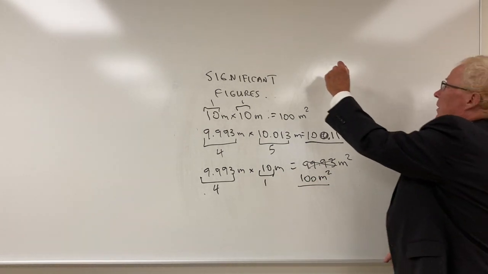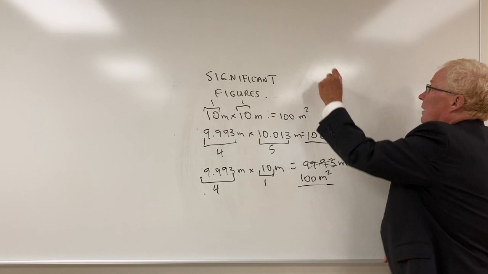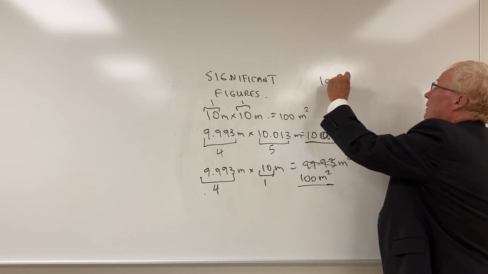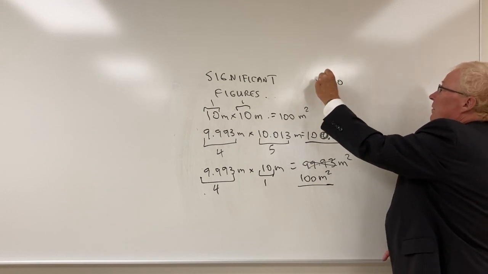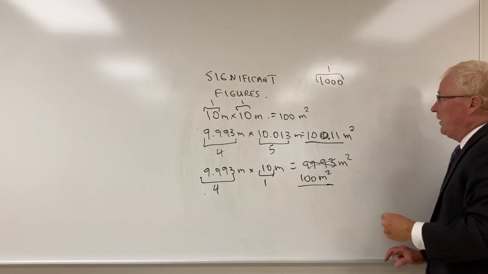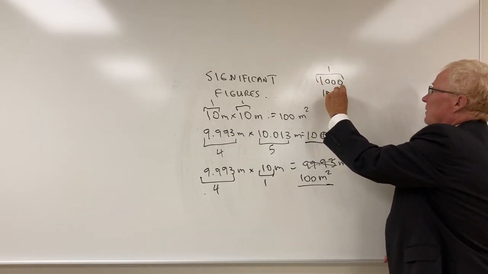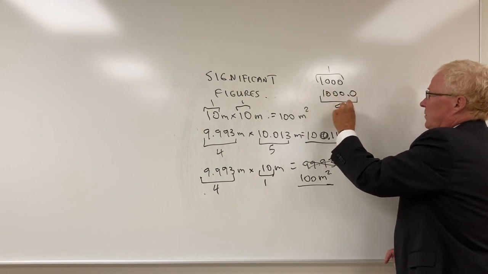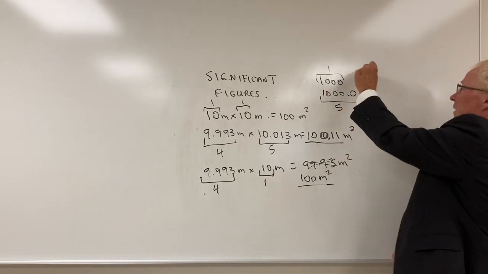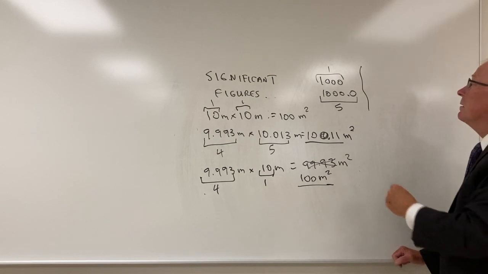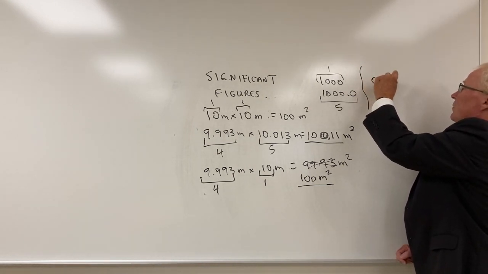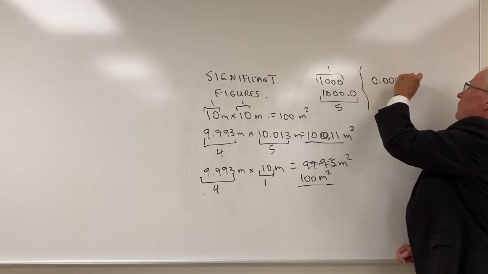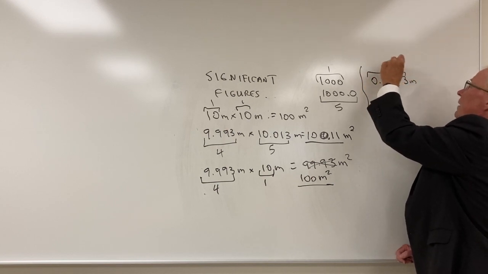And that's the example here. So if I have 1,000, this is one significant figure. 1,000.0 is actually five significant figures. And likewise for smaller numbers, 0.0003 meters is one.